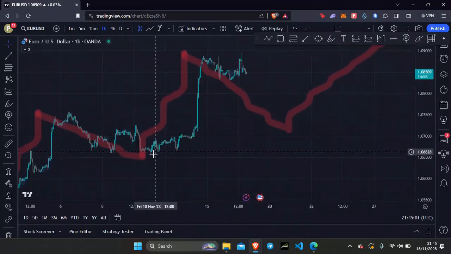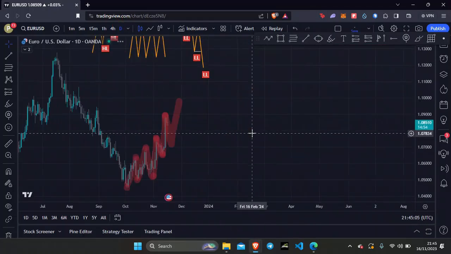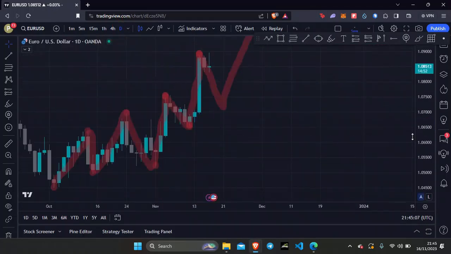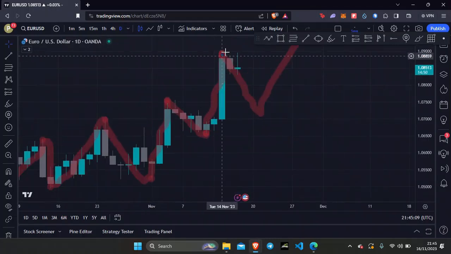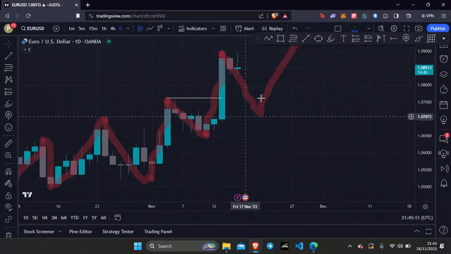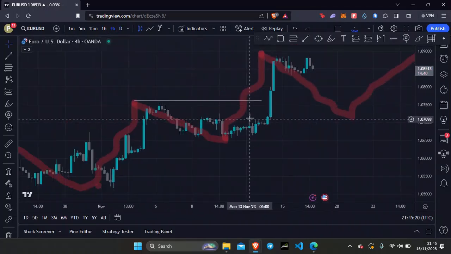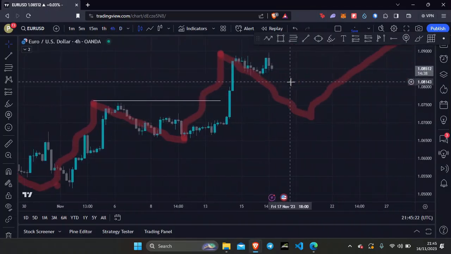So let's just take the example of the current price action on the daily, right? On the daily right now, we have just created a new higher high, right? So now our anticipation is that we're going to create a higher low. So when we drop down to the 4 hour, we can see that the 4 hour is still bullish.